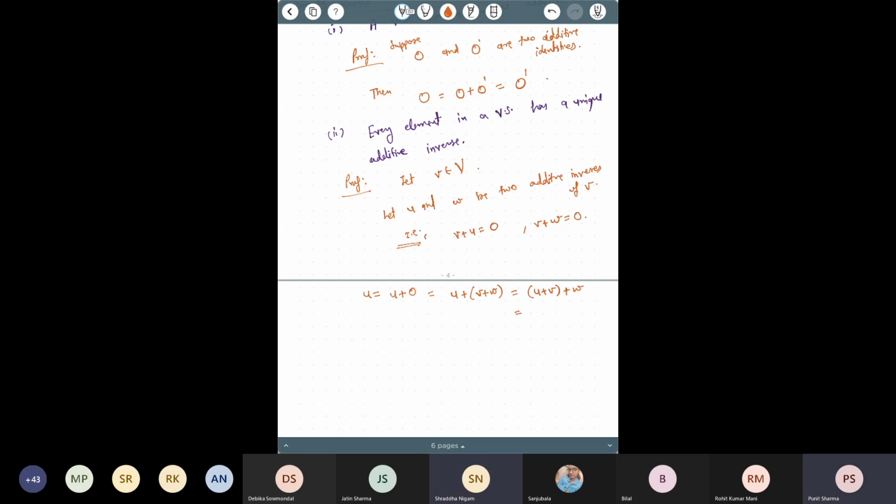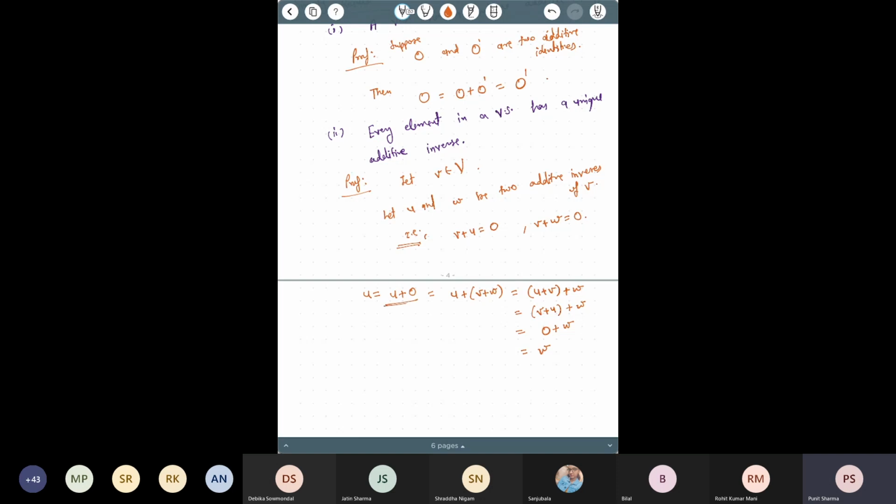So this U plus V is the same as V plus U because of commutativity, and then V plus U we know is 0, but then use the fact that 0 is an identity, so it is equal to W. So you see that we have used many of the properties of a vector space.